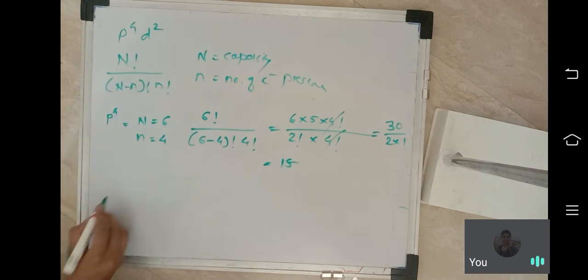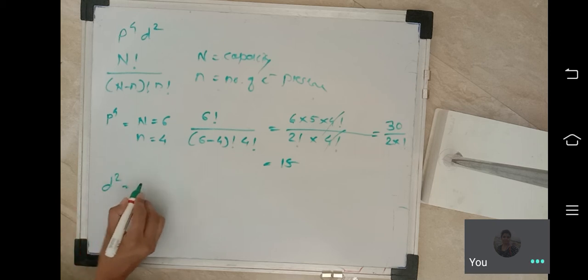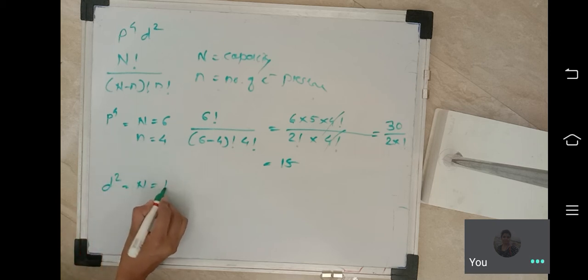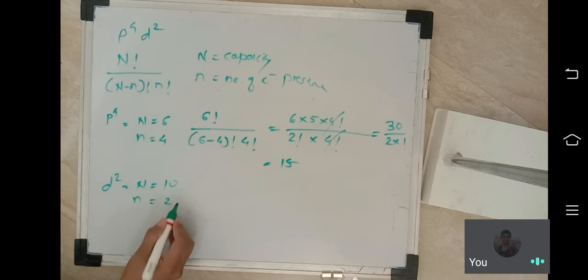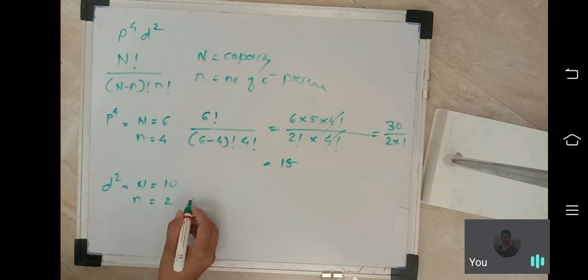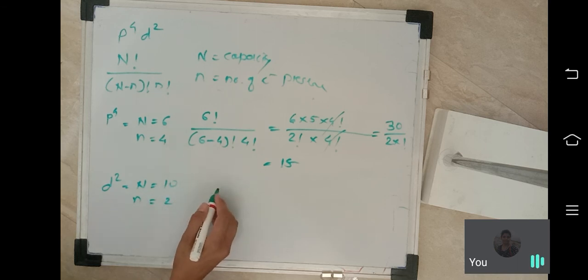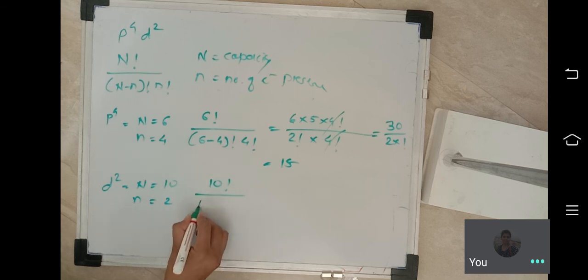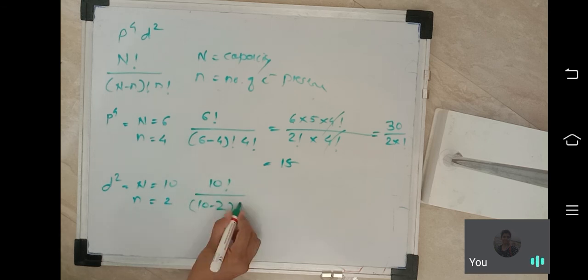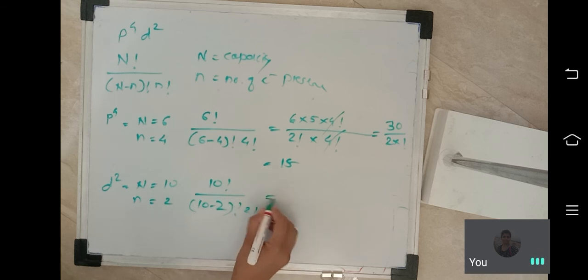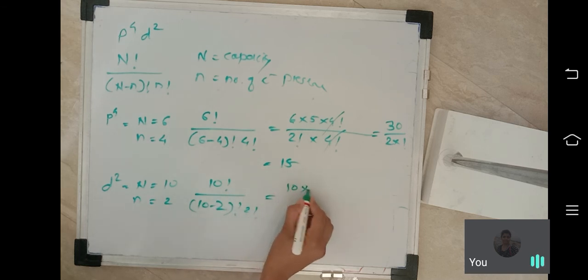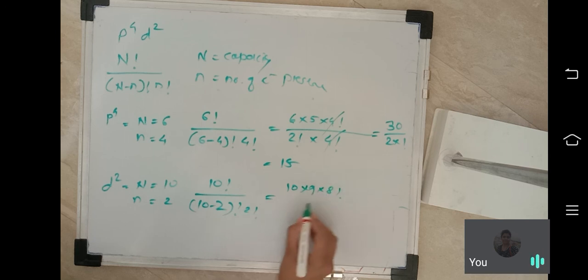Then what about d2? For d2, N is 10 and small n is 2. You just put the values: 10 factorial divided by (10 minus 2) factorial, 2 factorial. After simplification, 10 into 9 into 8 factorial over 8 factorial and 2 factorial.